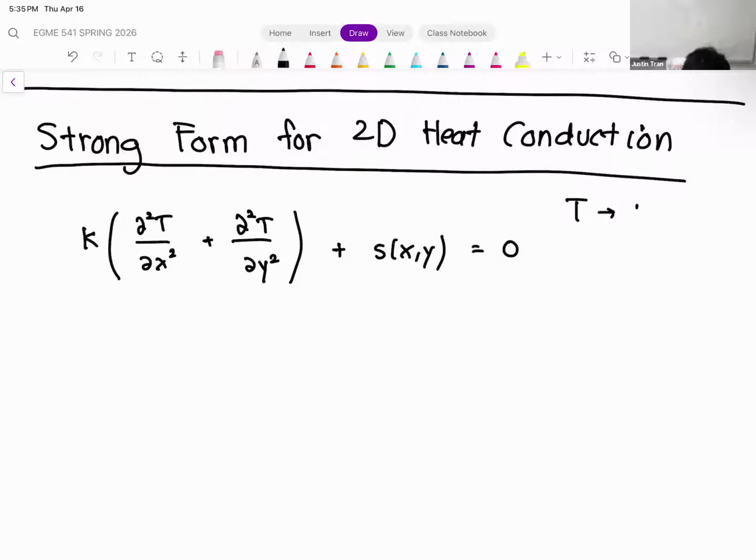Here T is a function of X and Y, because it is a two-dimensional solution.